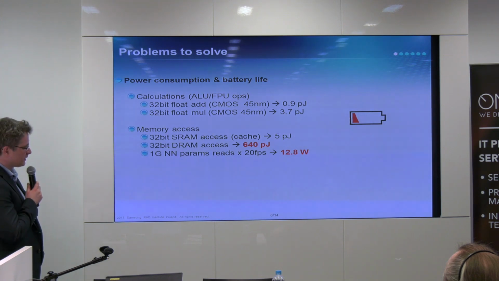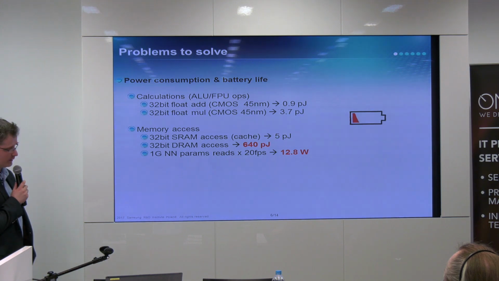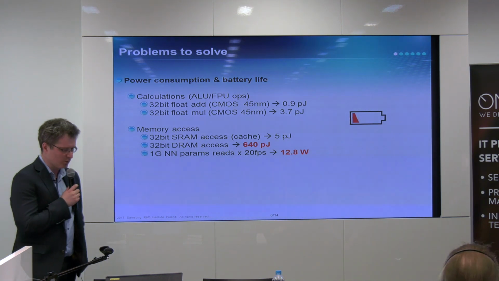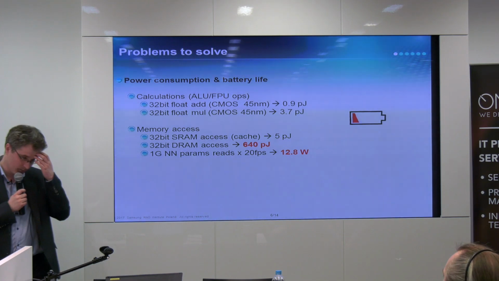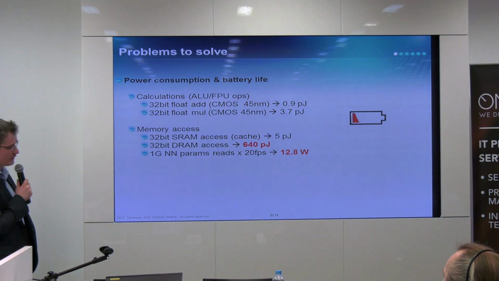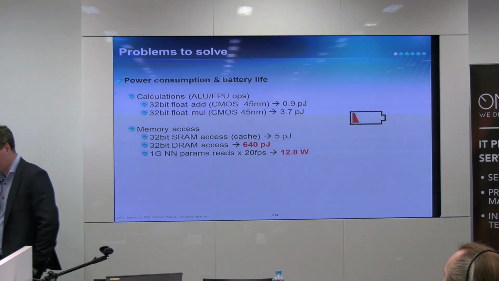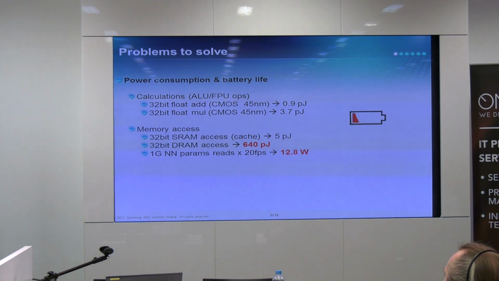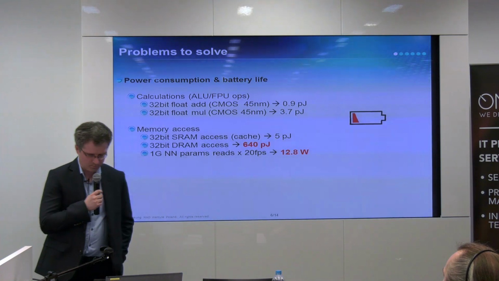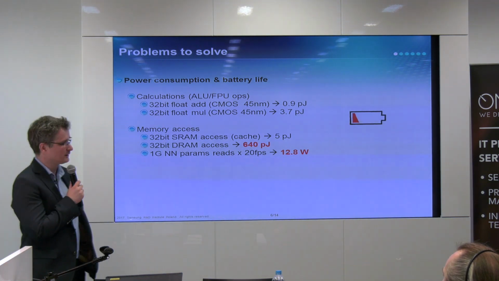And as you see, it's about 2 orders of magnitude more power consuming. So if, for example, we take a neural network which can recognize objects, it has 1 billion parameters, and we read them from memory or write to memory, and we want it to work real time, 20 frames per second, then we lose 13 watts. So we have approximately several minutes to 1 hour, and then forget about the battery.